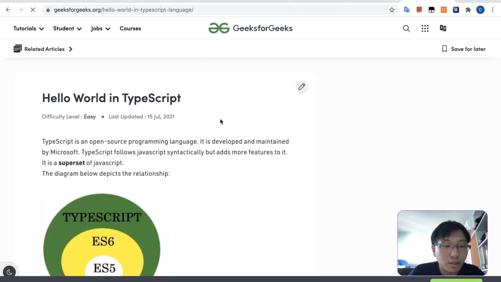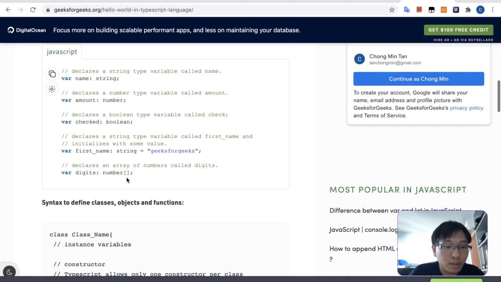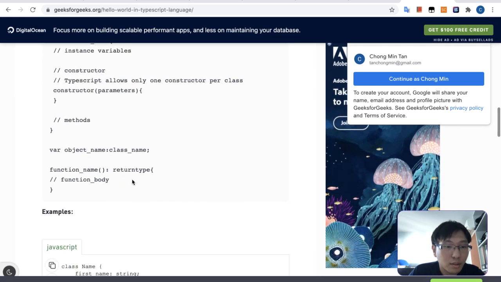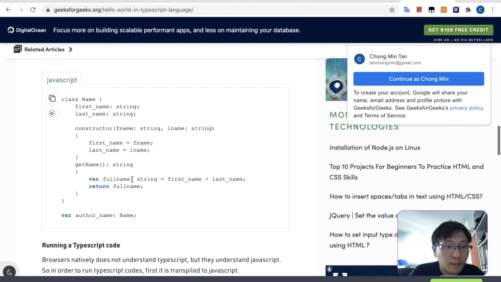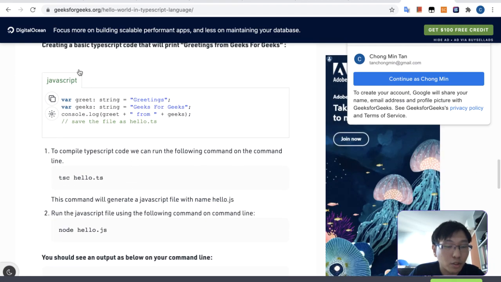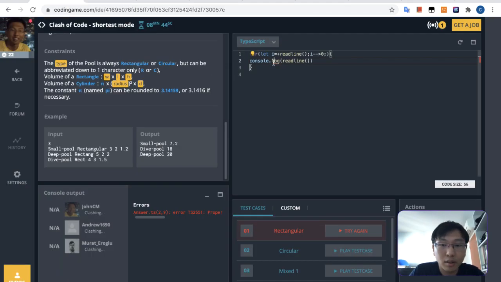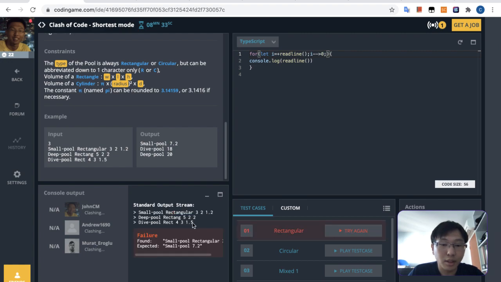Why is it not working? Unless over here this should be greater than one rather than zero. Okay, it's working now. So it looks like print is deprecated and cannot be used in TypeScript, so we use console.log.